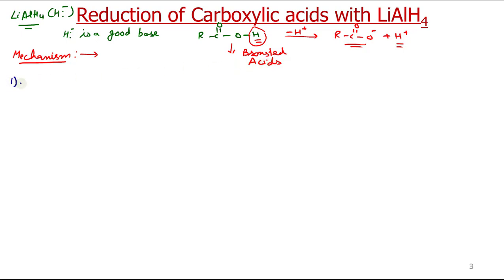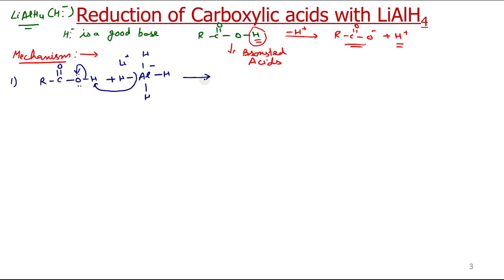So the first step is, as I said, the reaction of carboxylic acids with lithium aluminium hydride, that I will write something like this: lithium positive, Al negative. Now this H negative abstracts this proton because it is acidic in nature, so these electrons come here.